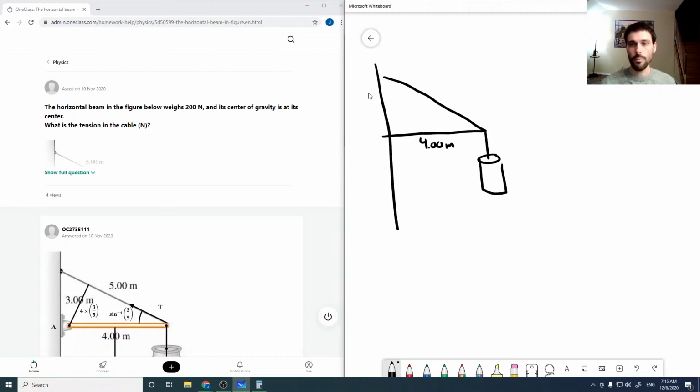It's attached to a wall. This height is 3 meters. The length of the wire is 5 meters. The drum weighs 300 newtons. The beam weighs 200 newtons. And the question asks, what is the tension in the wire?